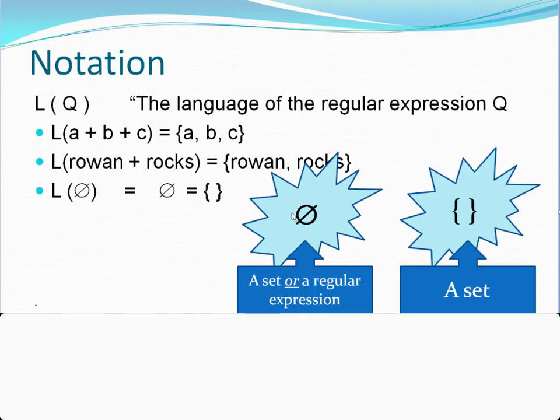We don't know. Is this the regular expression that represents this set here, or is it this set itself? We've been doing this all the time, using the same symbols to mean different things. Just doing it again, I'm sorry.